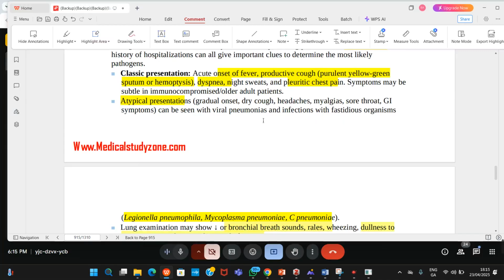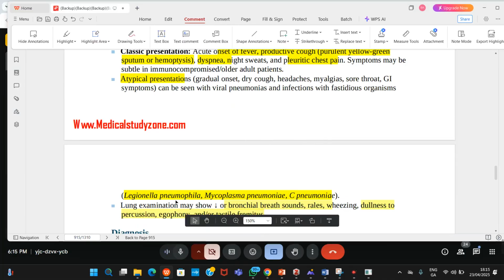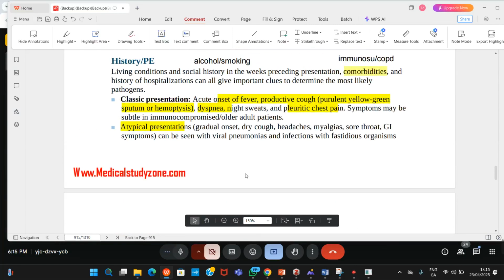So if we see somebody with a dry cough, and we're thinking pneumonia from the fever, the dyspnea, and the pleuritic chest pain, we should think about the atypical causes of pneumonia because of the non-productive cough. That pneumonia is going to be coming from things like Legionella, Mycoplasma, and Chlamydia. As simple as that is, it can save us a lot of headache just by looking at the cough. Is it productive or not?